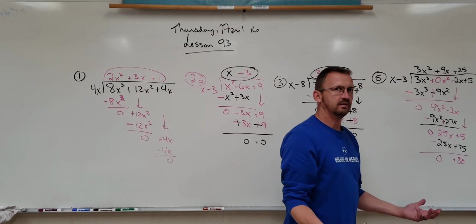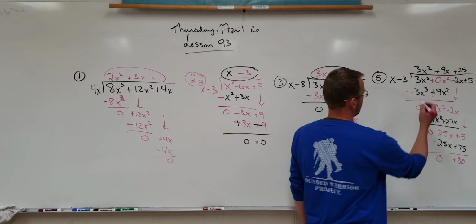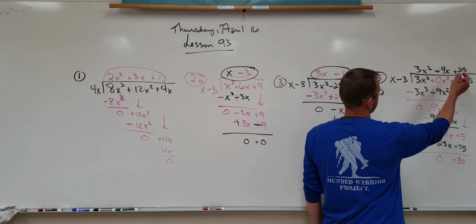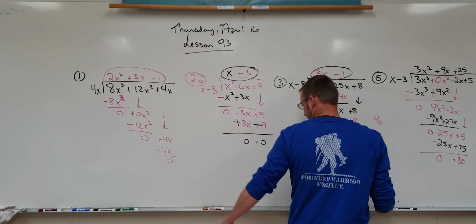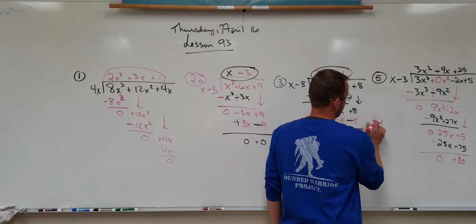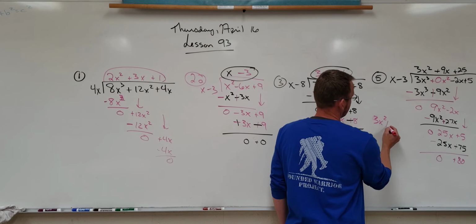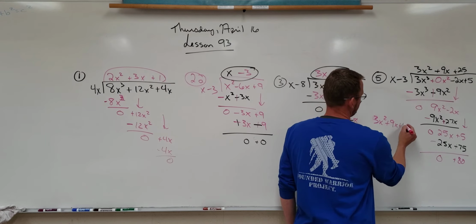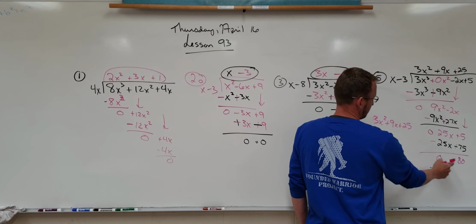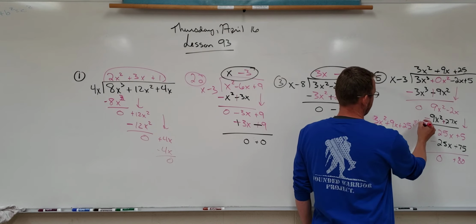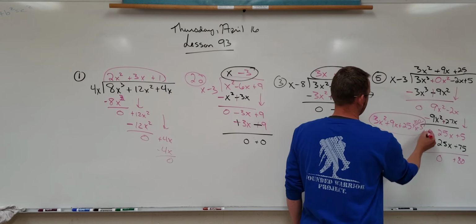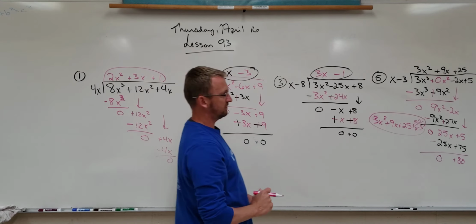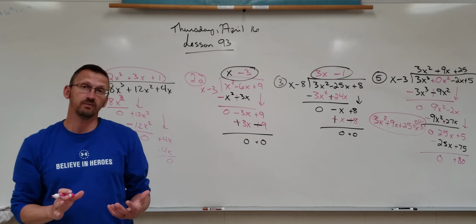That's simply a remainder, and we're going to write it as a fraction. So 3x squared plus 9x plus 25 plus a remainder of 80 over x minus 3. And that is our answer for 5. So you do have remainders.